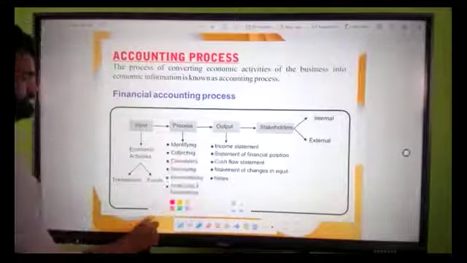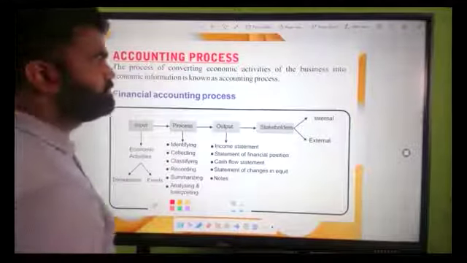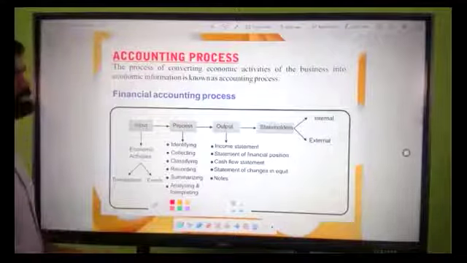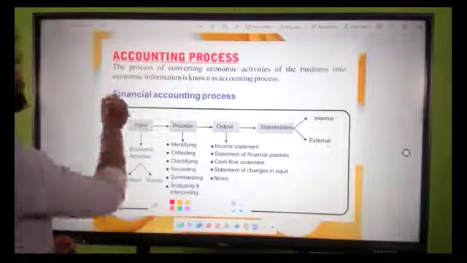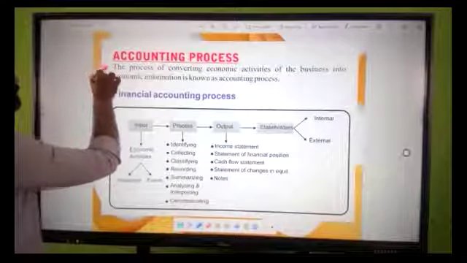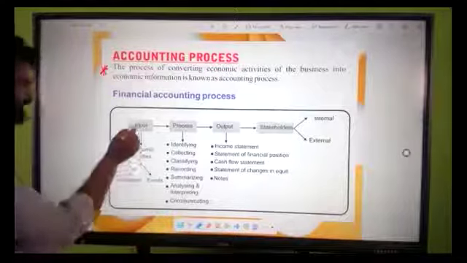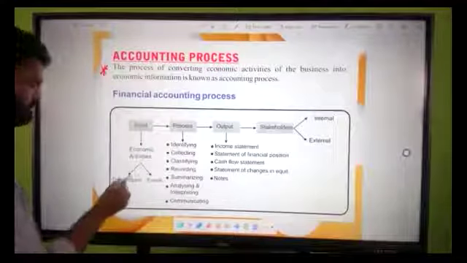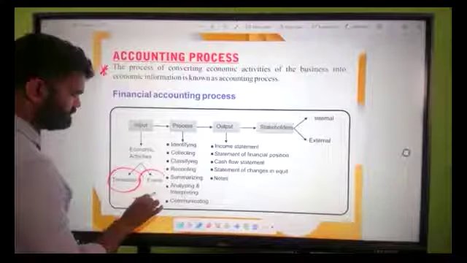In the accounting process, the process of converting economic activities of the business into economic information is known as the accounting process. If you have the time, you can highlight this part, that is very important. Accounting process. Then the financial accounting process. In financial accounting, you know that the economic activity inputs are transactions and events.